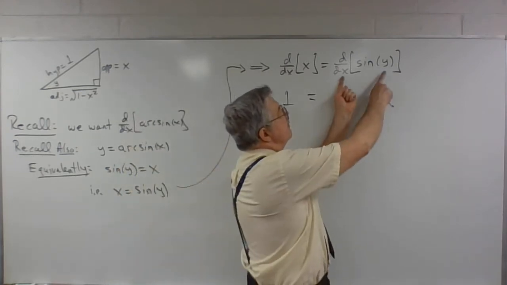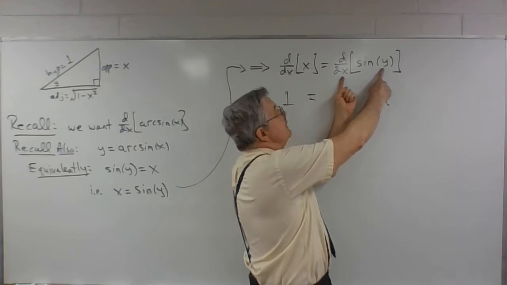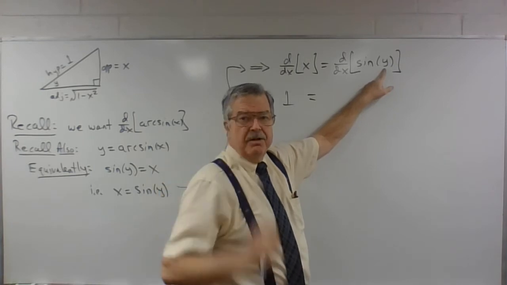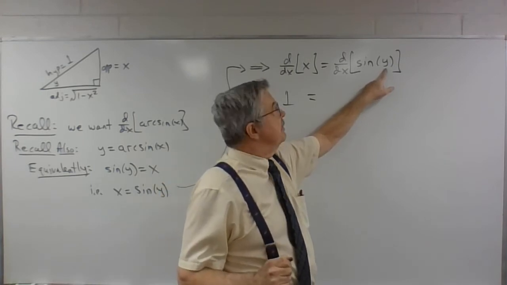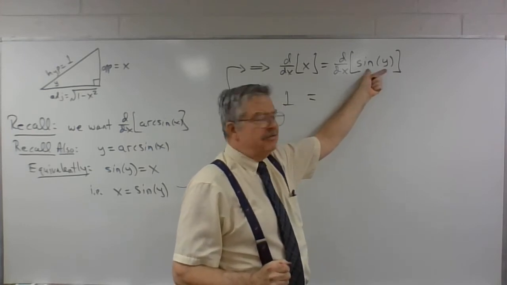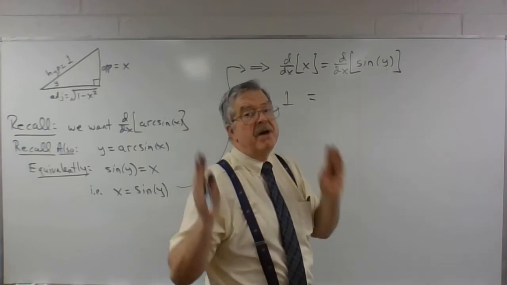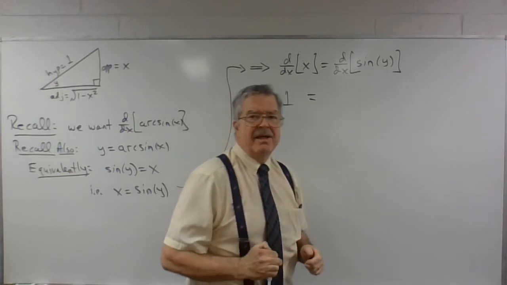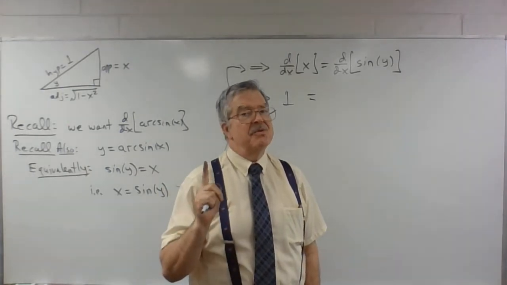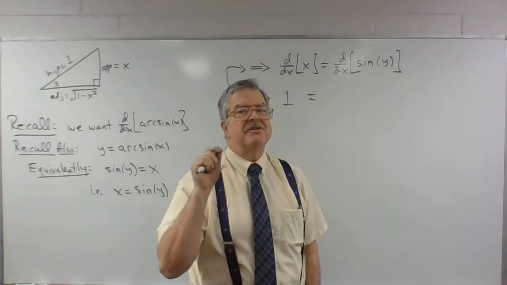Now over here, note that these two variables are different, which means that not only do we regard y as a variable, we regard it as a function of x. So sine of y is really a function evaluated at a function. It's a composite function. And when we compute the derivative of a composite function, what rule do we use? Yeah, that's right, the chain rule.